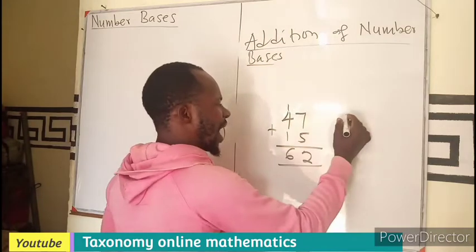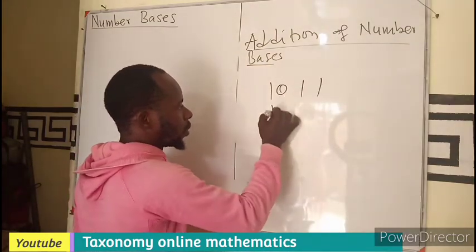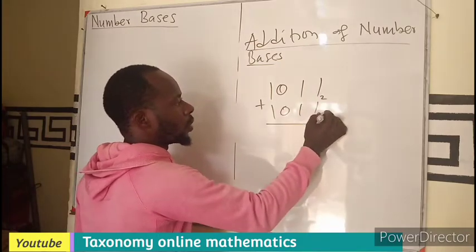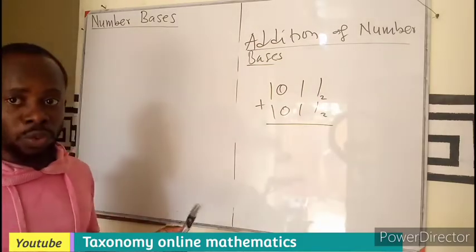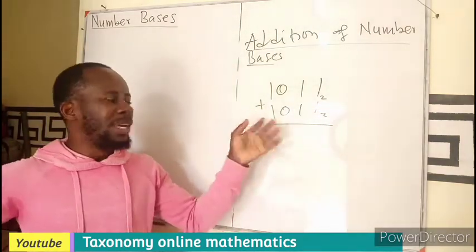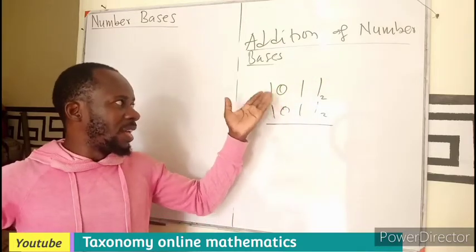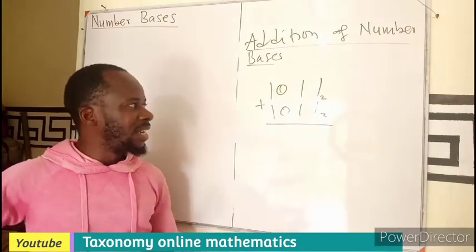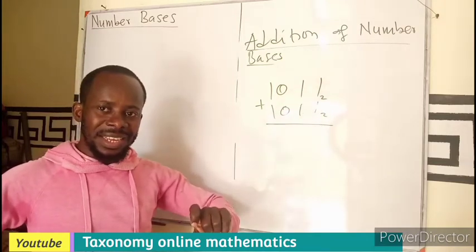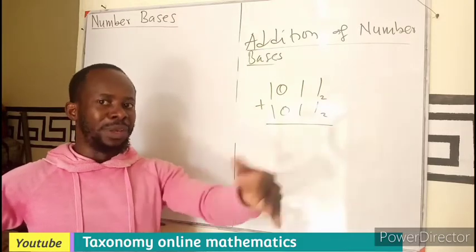What if I have this in base 2? You should know that the symbols are going to be 0 and 1. So it can be combined in any order. This is just like a repeated number, but let's see how we can get the answer to this. 1 plus 1 in this case is 2. 2 as a symbol is not used in base 2.